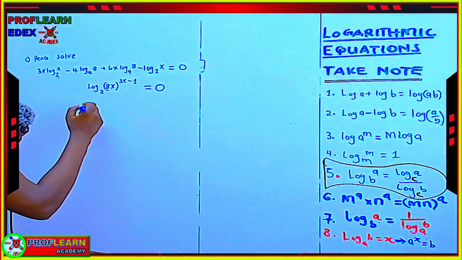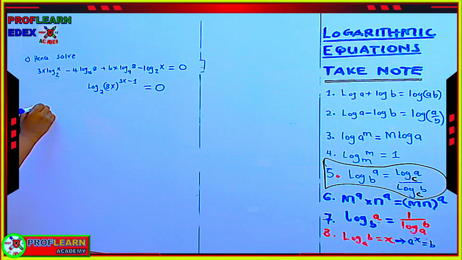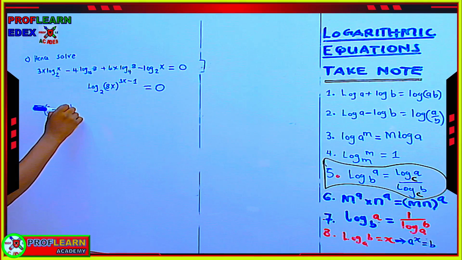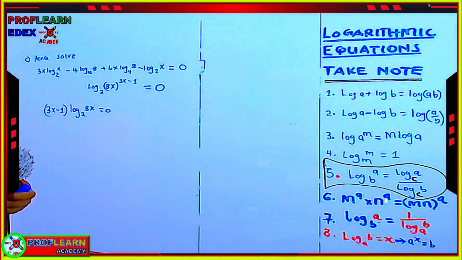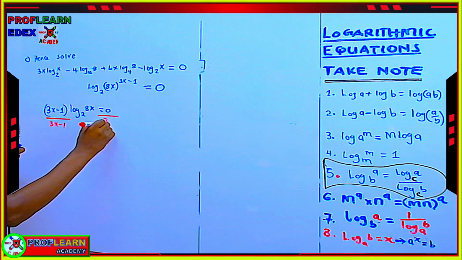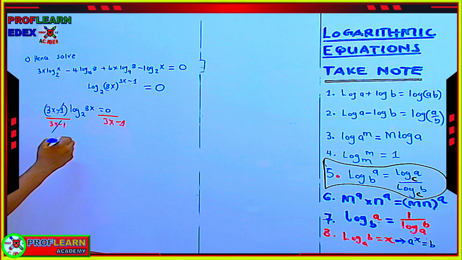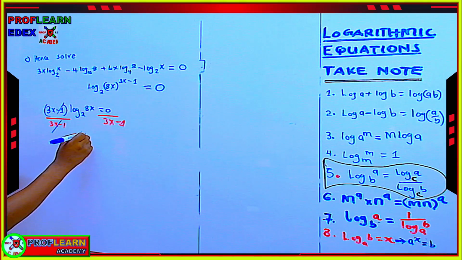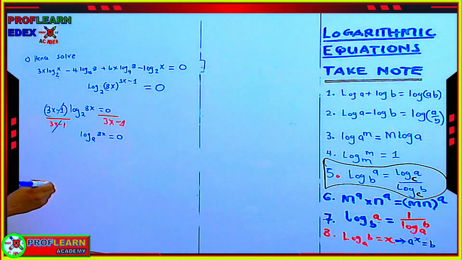So in that way, this can be written as 3x minus 1 times log 8x base 2 is equal to 0. In order to proceed, if we divide by 3x minus 1, this will cancel out, and finally we shall have log 8x base 2 is equal to 0.